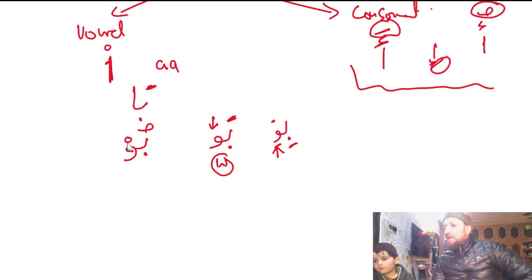But in this case, the preceding letter of the wow has dhamma on it, so it is a vowel. It will be read as boo.